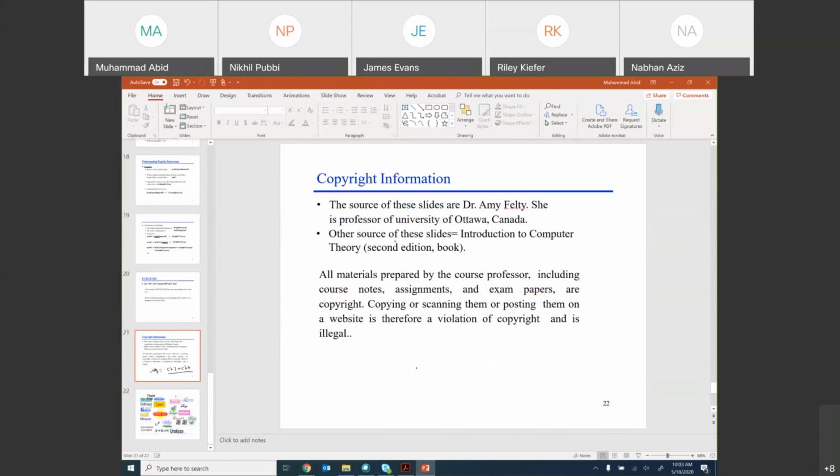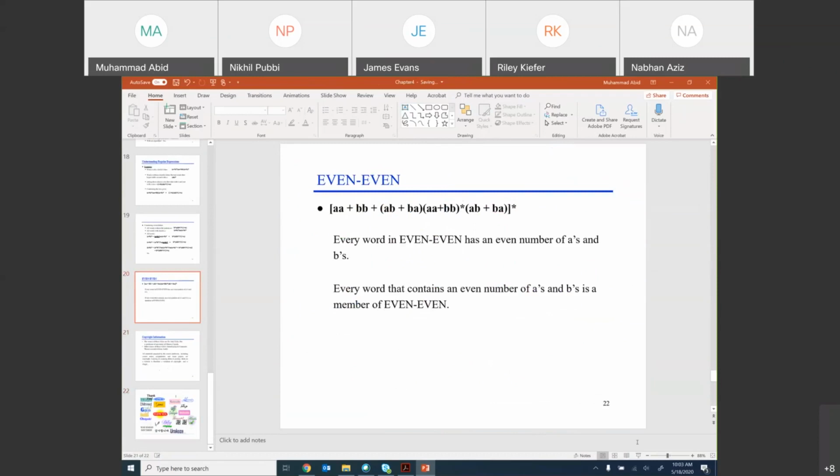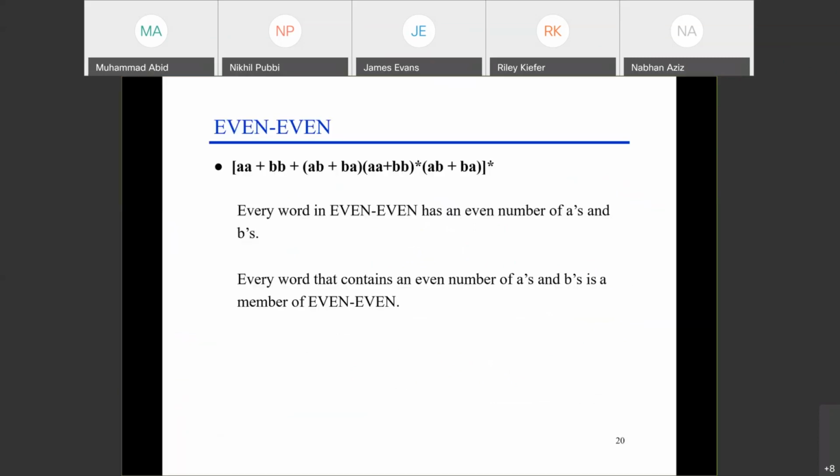Okay. So even, when we say even, it means that we have an even number of A's and an even number of B's in our language. If you count, it will be even. So every word in even has an even number of A's and an even number of B's.